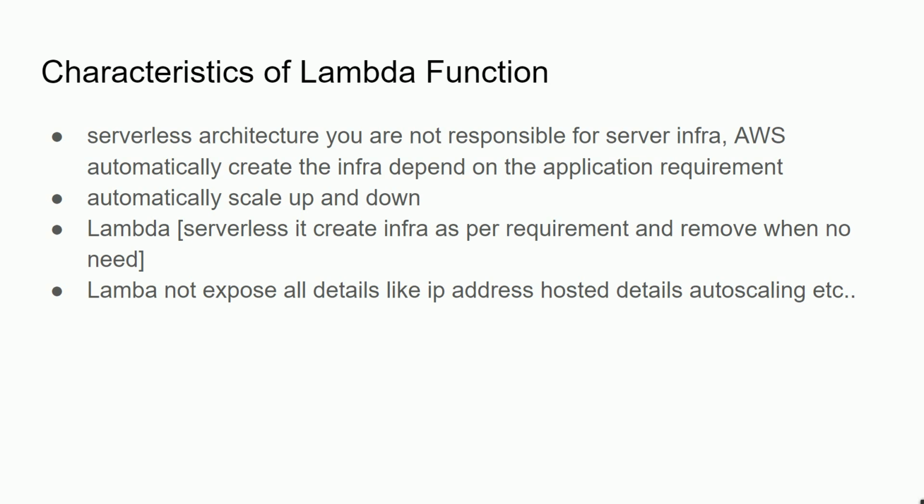Lambda does not expose details like IP address, hosted details, auto scaling, etc. When you create the Lambda function, infrastructure is automatically created. When a certain task is running, that task uses the infrastructure to perform it. When the event driven task has been completed, that infrastructure is automatically destroyed.